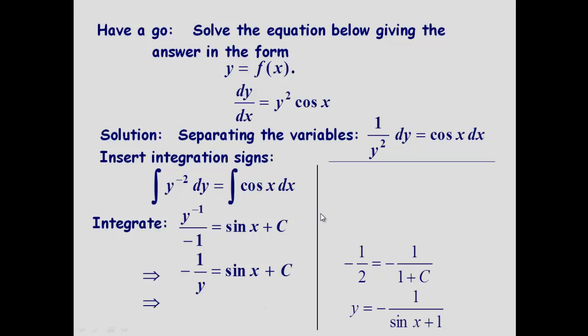If we wanted a particular solution, we would need an x and a y value. So if we knew that x was, say, half pi and y was minus a half, then if we put them into here, you can see that we get minus a half equals 1 over 1 plus c.